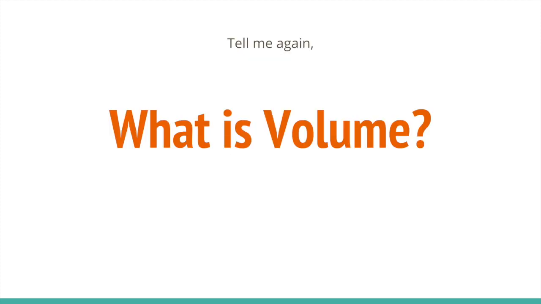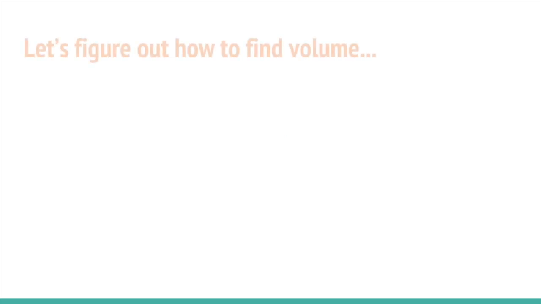First, tell me again, what is volume? So let's figure out how to find volume. We need a formula before we start. When we're talking about area and perimeter, we have a formula for those, right?